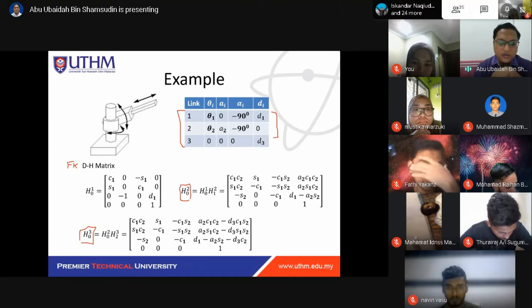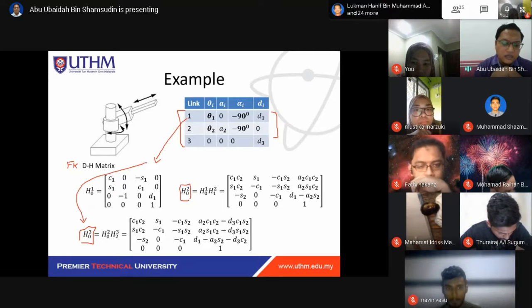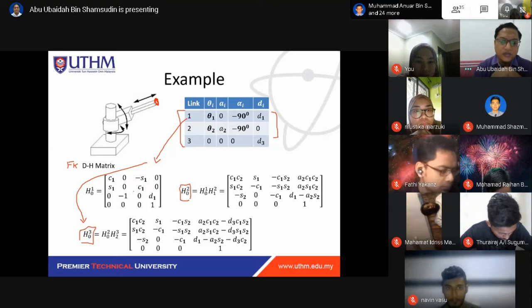Okay, if you remember, we just change this into a matrix, and then we just multiply all the matrix, and then we can get the end effector matrix. So this end effector is the end position, which is this position, the end effector position of our robot arm. So forward kinematics will give the position.